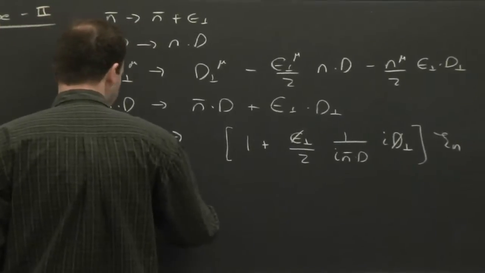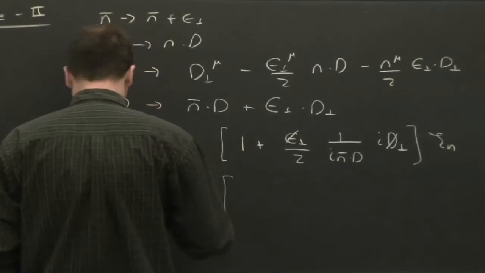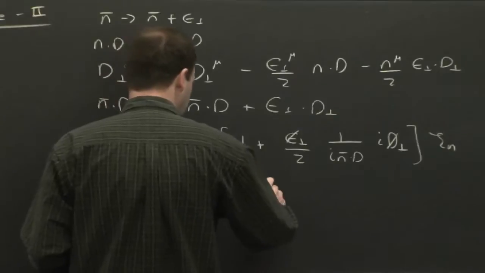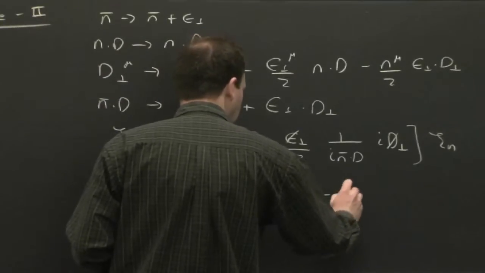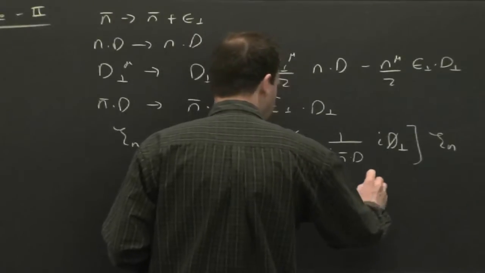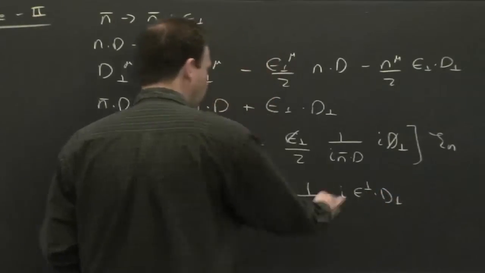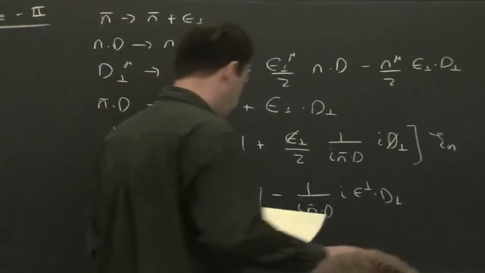And the Wilson line also transforms, because the Wilson line was built out of the n bar dot D field, so working to first order in that transformation, there's an additional term, epsilon perp dot D perp.